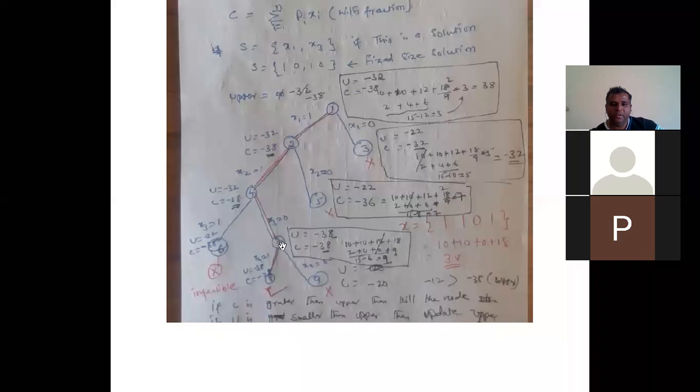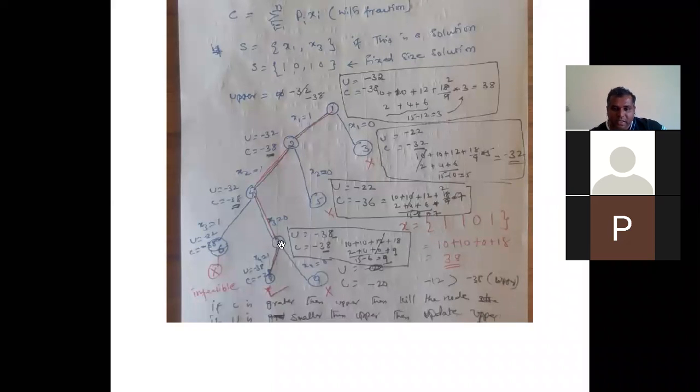So now after 7, check for the fourth object, with considering the fourth object and without considering the fourth object. With considering the fourth object, we will get the same as its parent value, minus 38, minus 38. Without considering the fourth object, you will get minus 20. C value is minus 20 and U value is some value I have written.